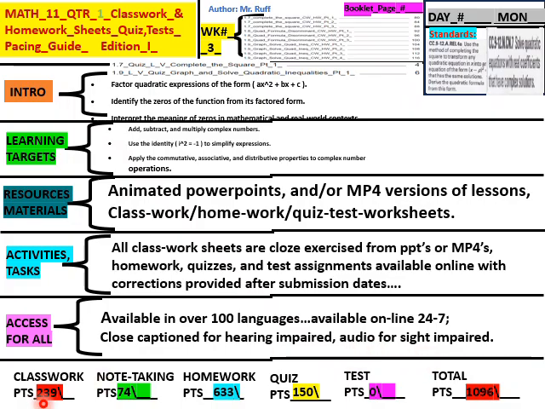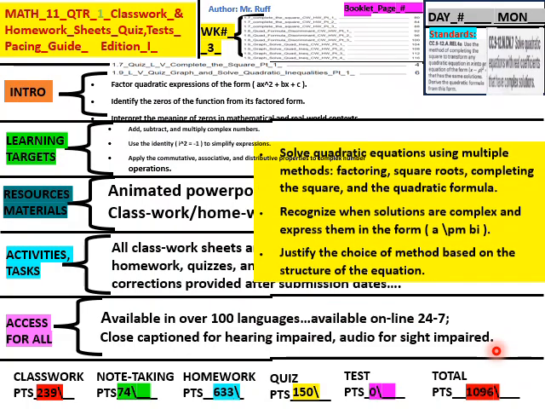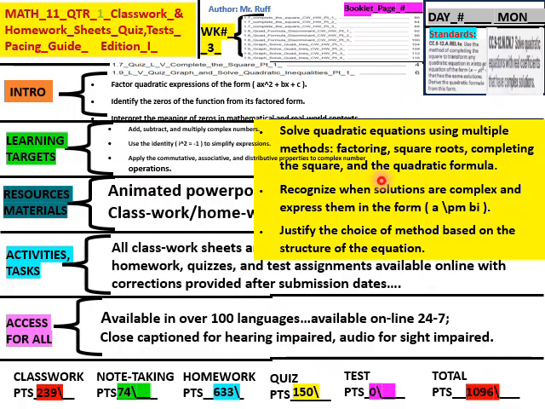Your classwork is 239 points, 74 points of note taking, 633 points of homework, and 150 points of quizzes, and your total for week 3 is 1,096 points. So, solve quadratic equations, and we have more here for learning targets.